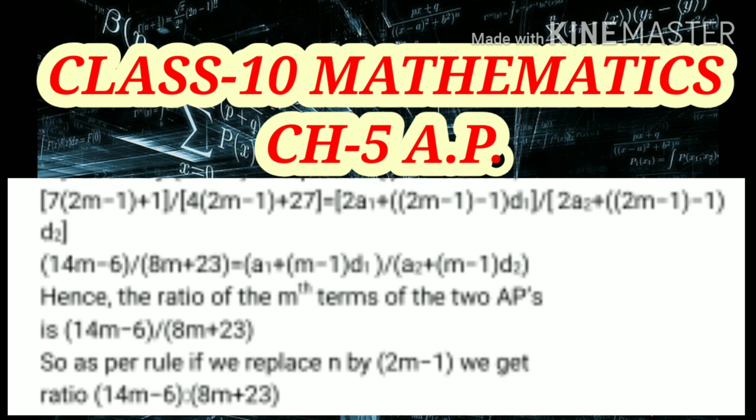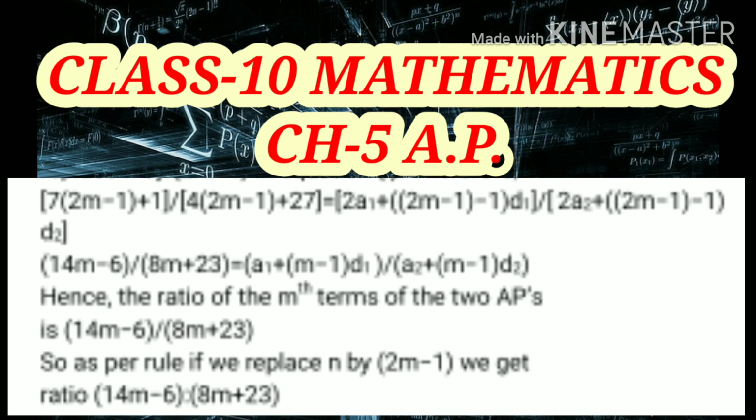Children, hence the ratio of the mth terms of the two APs is 14m minus 6 upon 8m plus 23. As you can see, the right side now shows the mth terms of the two APs: a1 plus m minus 1 d1 is the mth term of the first AP, and the denominator a2 plus m minus 1 d2 is the mth term of the second AP.